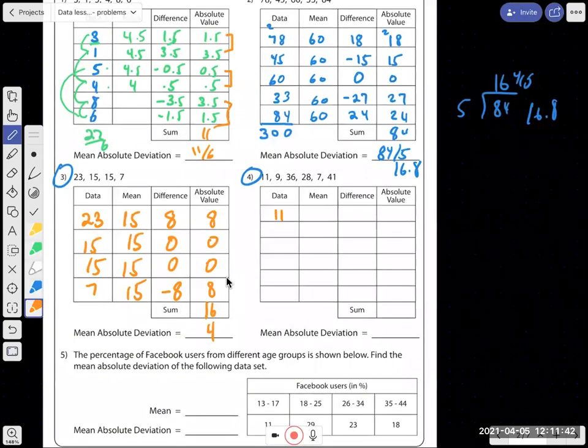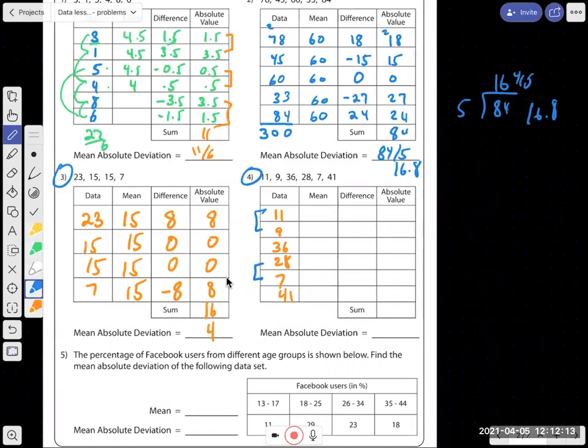And then in the last one for you today, write down 11, 9, 36, 28, 7, and 41. We get the average. Let's see if we can do it quickly. 11 and 9 are an obvious one, that's 20. Then maybe we do this, and that's 35. 20 and 35 is 55.